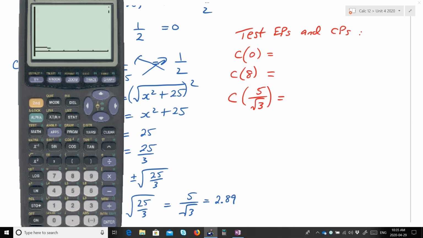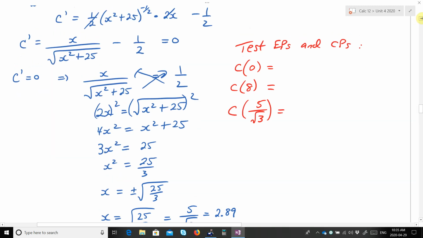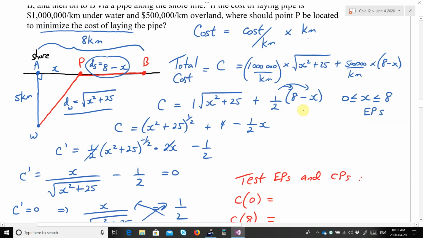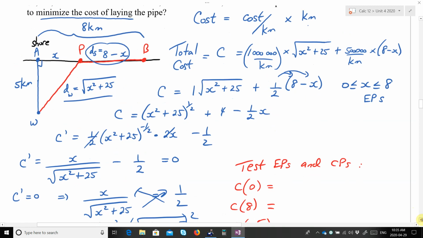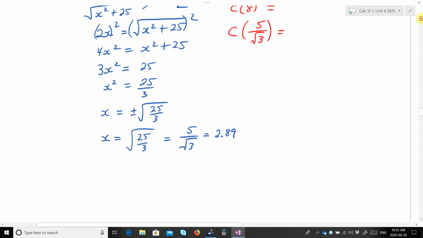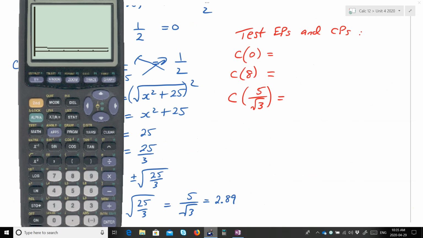And we'll graph that. Okay, so I graphed this cost function right up here. And let's go zoom, window, we're going to go from 0 to 8, and we'll just shorten this a little bit. Maybe make that 12, let's see what that does.